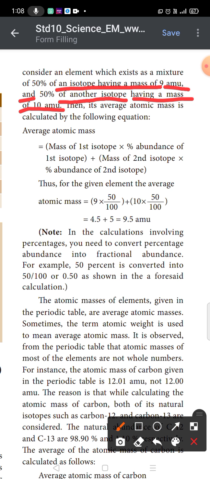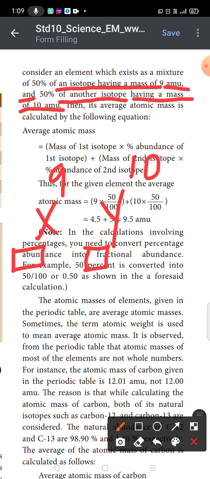Some element, I don't know that element, so I want to put X and Y. The first isotope has a mass number of 9 AMU and the next has a mass number of 10 AMU. They have the same atomic number, different mass numbers, and both are 50% and 50% on the earth.